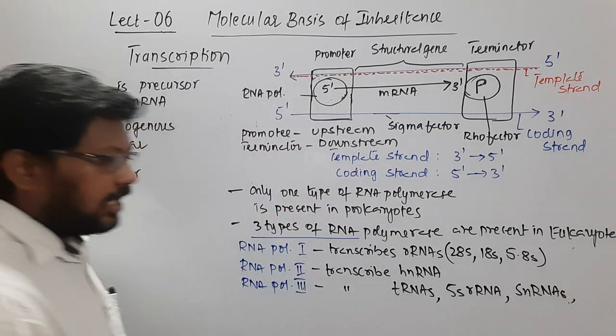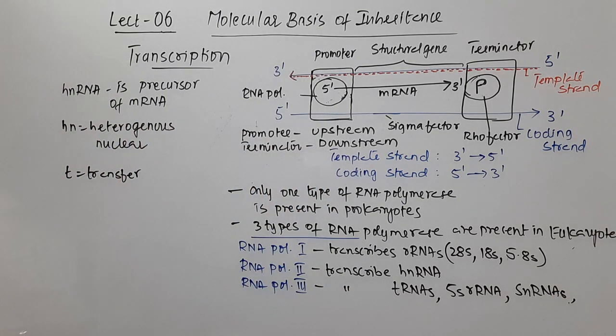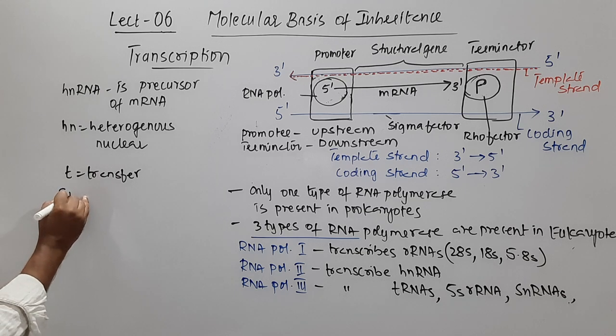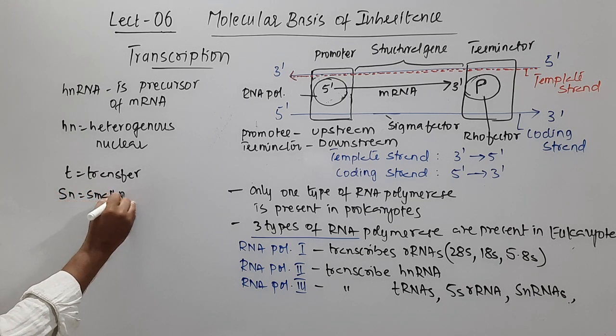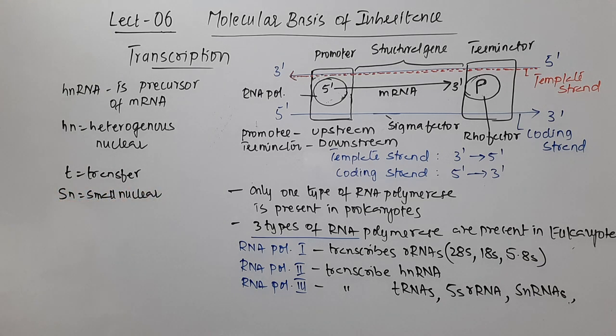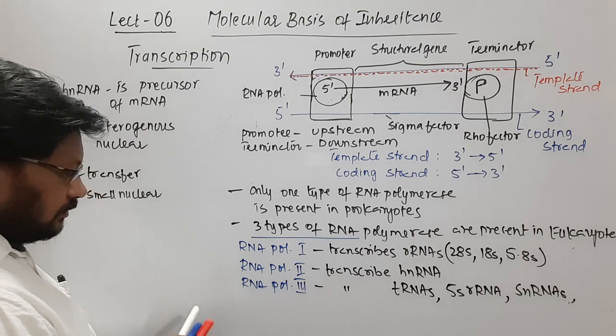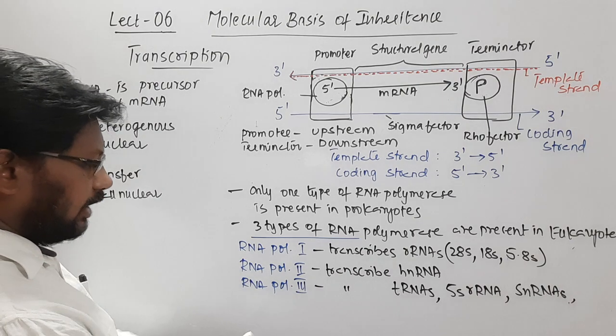Here SN stands for small nuclear RNAs. 5S rRNAs and tRNAs are transcribed by this RNA polymerase 3.